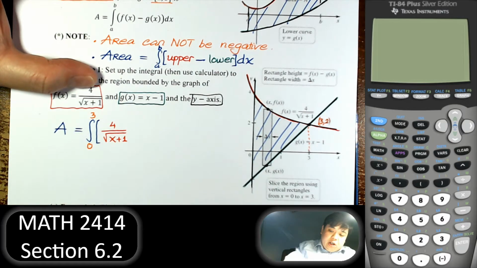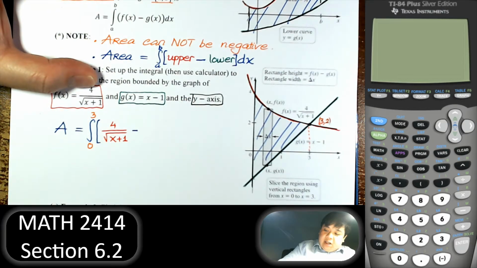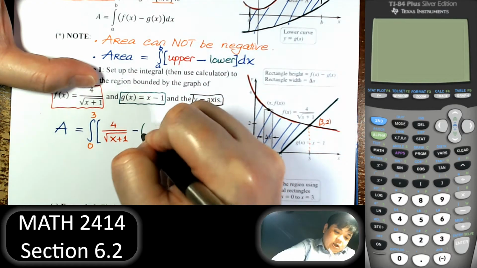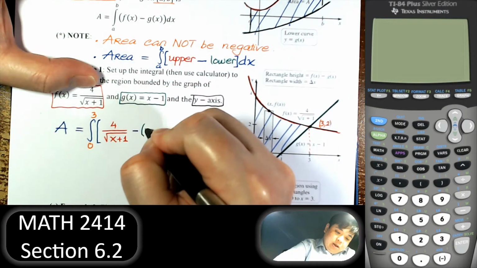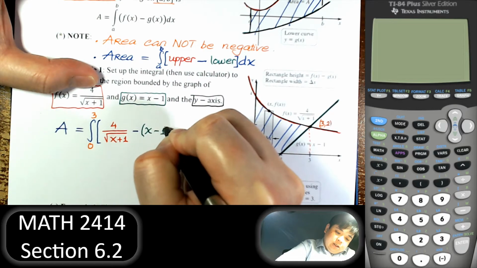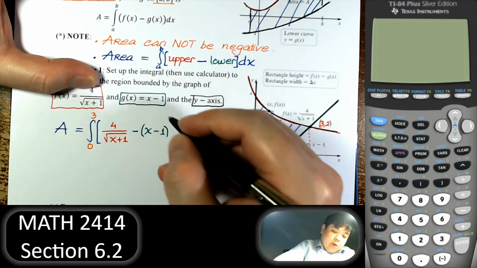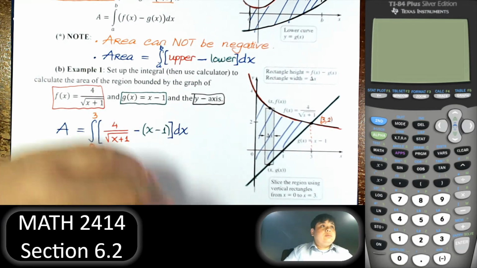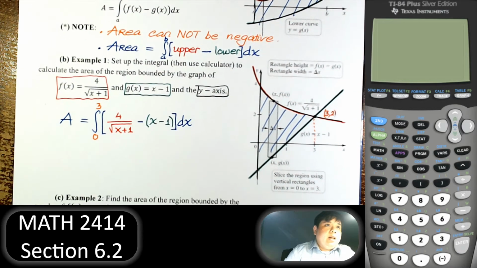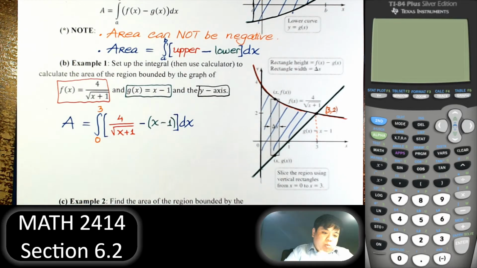Subtract the lower function, the function that is below, x minus 1. And we integrate. So we just use a calculator here to get the values of the integral.